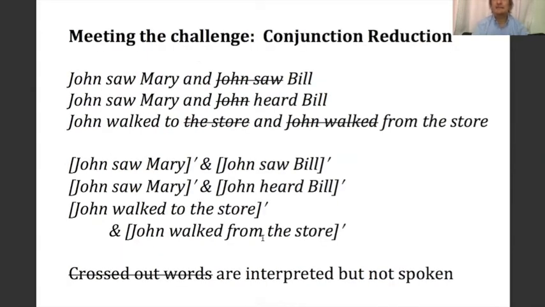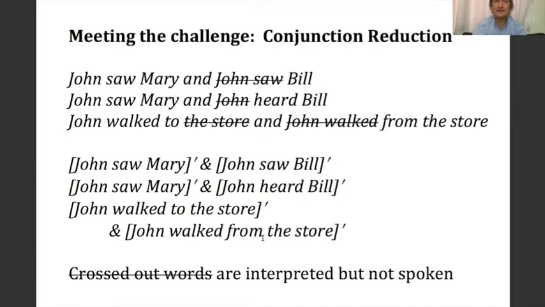So how can we meet this challenge? Well, traditionally, what people have done to account for these without changing their analysis of and is what's called conjunction reduction. They assume that the actual structure of the sentences is a little bit different from what you hear.